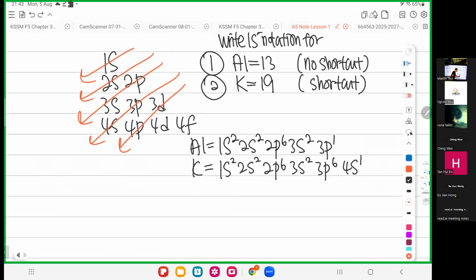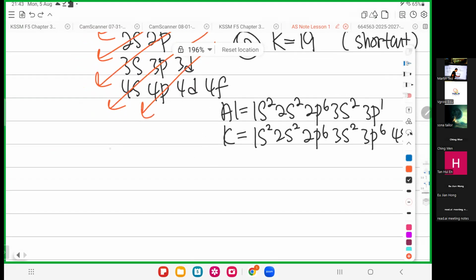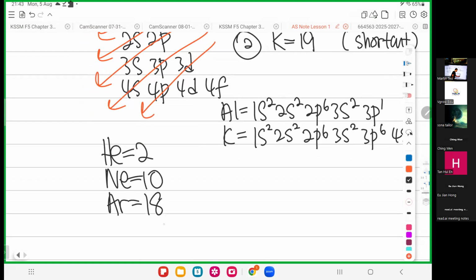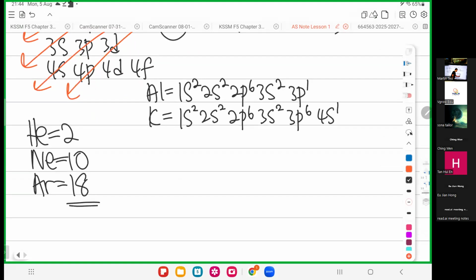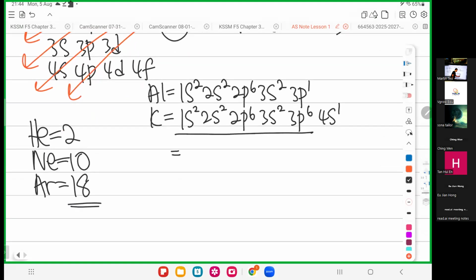When you have 19 electrons, the nearest shortcut you can use is 18, which is argon. Helium has 2 electrons, neon has 10, argon has 18. So go for the nearest number you can shortcut, 18. After the shortcut, the 18 is simplified into Ar, and then you copy the 4s1. This is how it works.